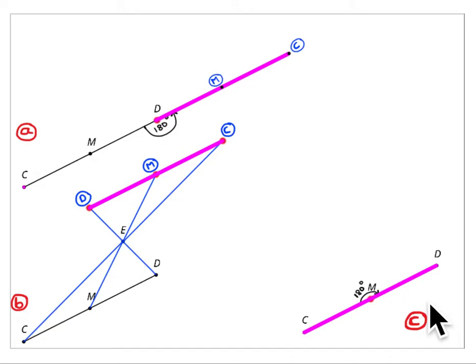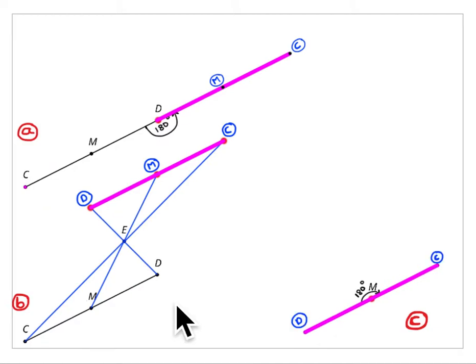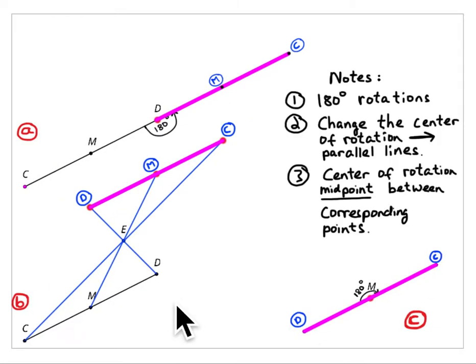The other thing that I want you to see is that in 180 degree rotation, wherever that center of rotation is, the line segment always maps to a line that is parallel to the original line segment. So all three of these are parallel to that original line. So for 180 degree rotations, change the center of rotation, you end up with parallel lines, these pink lines.